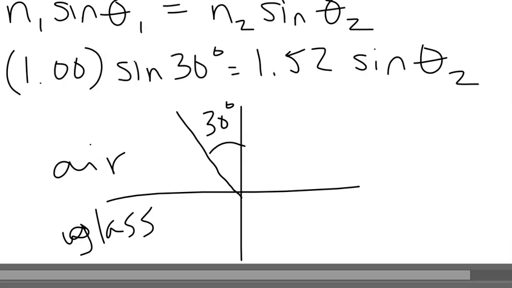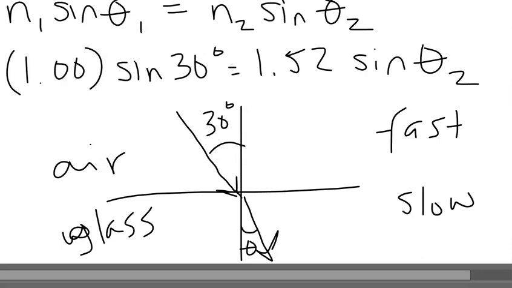So this is our incident ray. Okay. And now we're trying to figure out what angle it bends. So that's going to be this one. Again, if you're going from a fast to a slow medium, then it's going to bend towards the normal line. That's your normal line, that one right there.